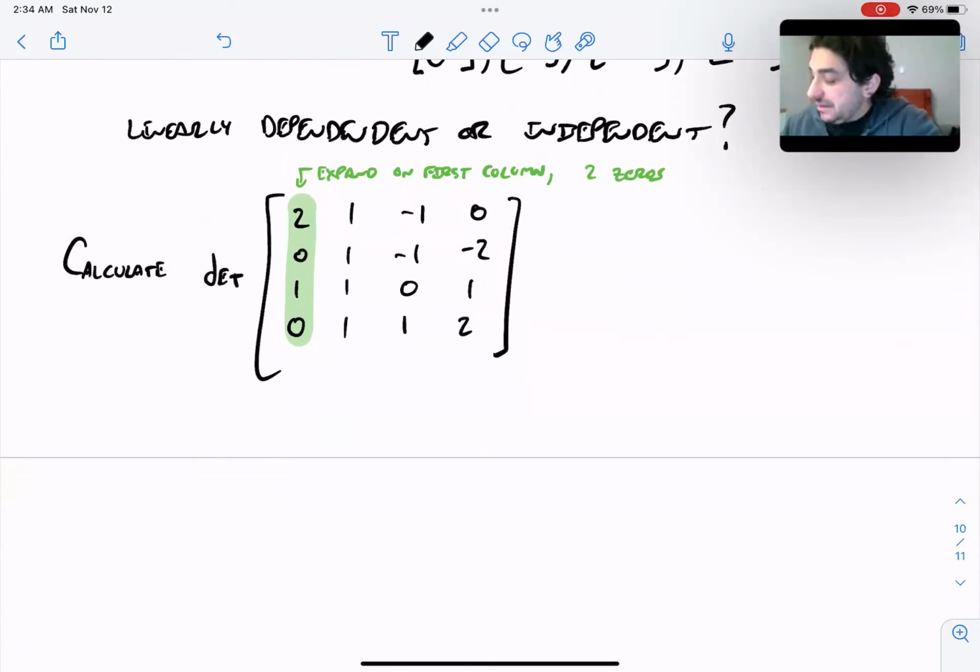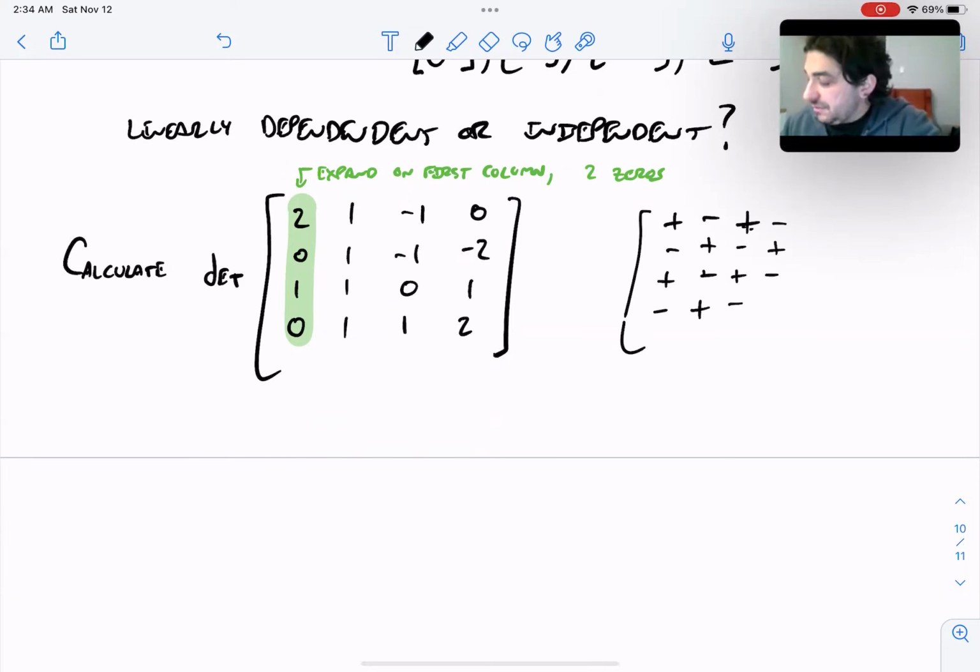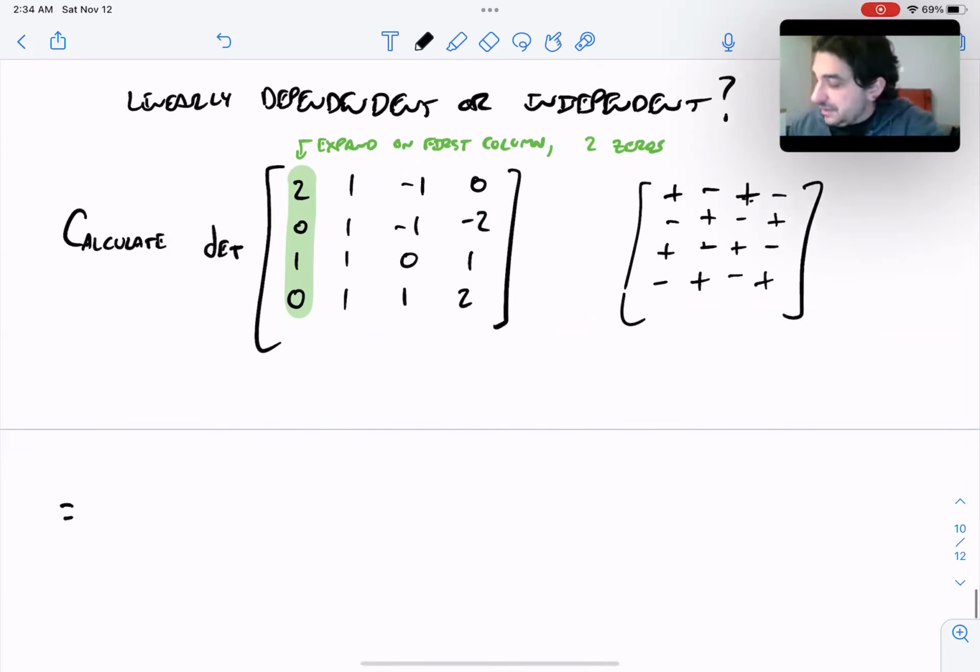And now remember, we are going to use this sign chart, right? So for a 4x4, this is what it's going to look like. So when I do this, what am I going to have? I'm going to have the 2, I'm going to leave positive. So I'm going to do 2 times its cofactor.